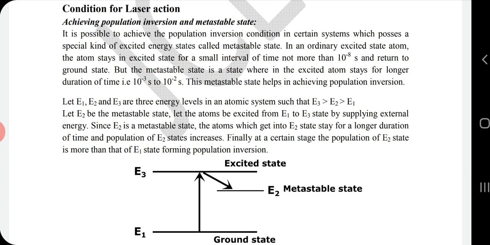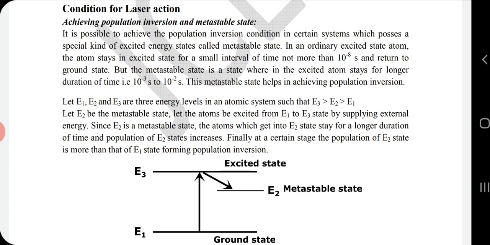To make population inversion happen, when there are more and more atoms in the excited state, we call it population inversion. In the simple E1 and E2 case, there will not be more atoms in the excited state, so we will never achieve population inversion.